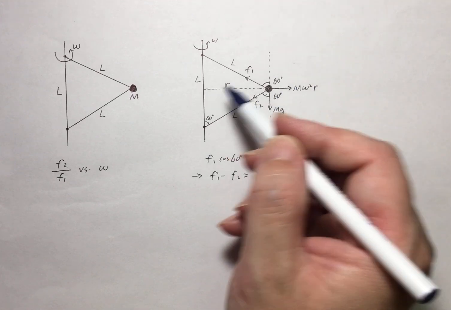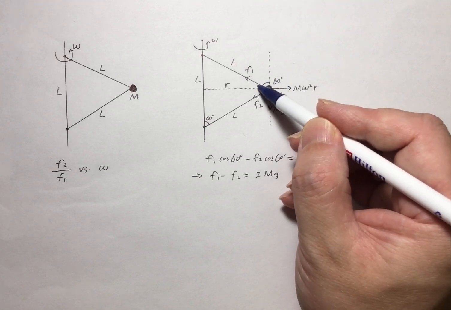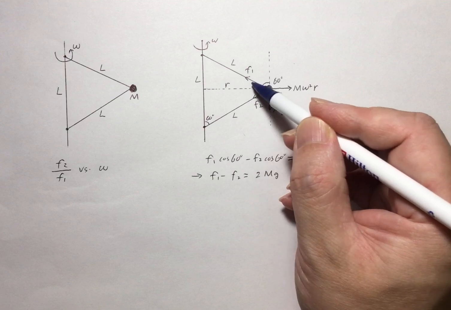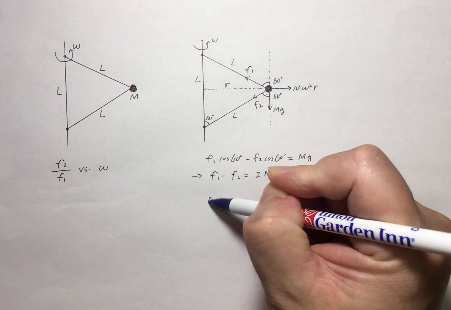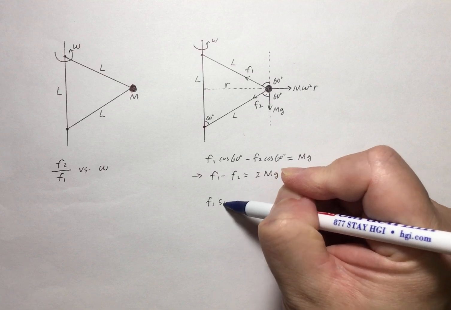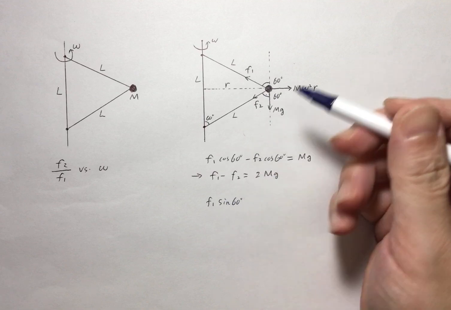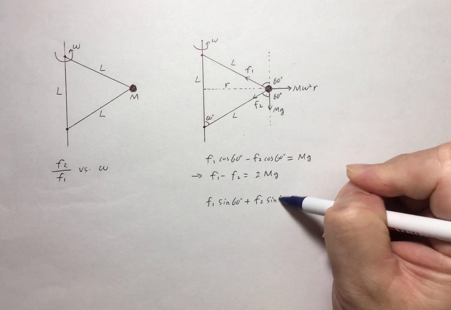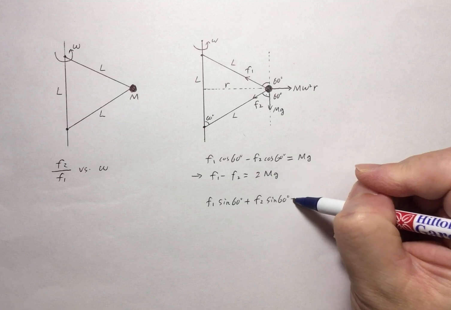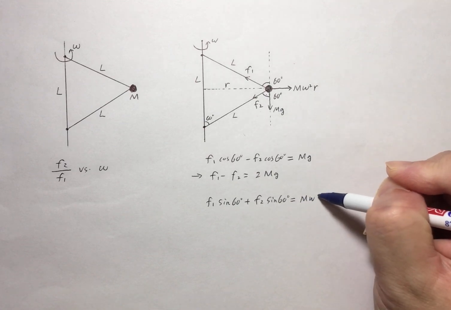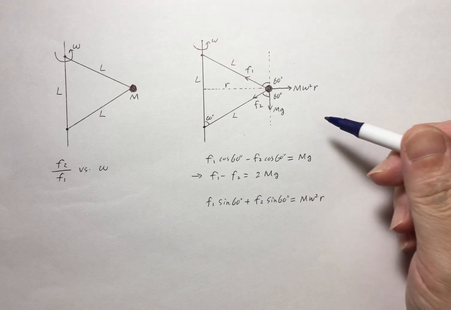And then for the horizontal direction, the component along the horizontal direction is F1 sine 60 degrees plus F2 sine 60 degrees. That equals the centrifugal force m omega square r.